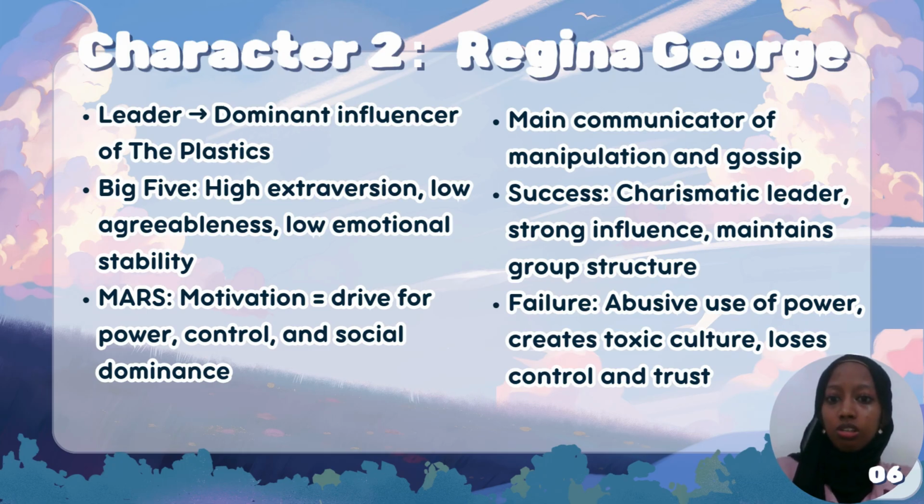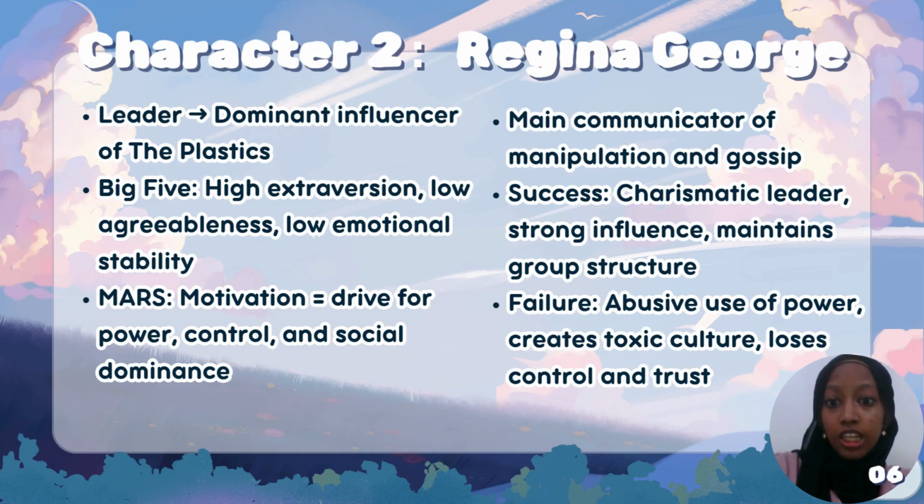If we look at her through the MARS model, Regina's main motivation is her drive for power and control. She wants to dominate school situations and make sure everyone stays in their quote unquote place. This is clear when she decides who can sit with her, what to wear, or who to be friends with. All of these show her control over the organization's informal rules.